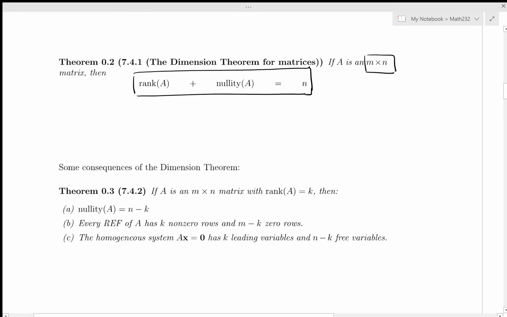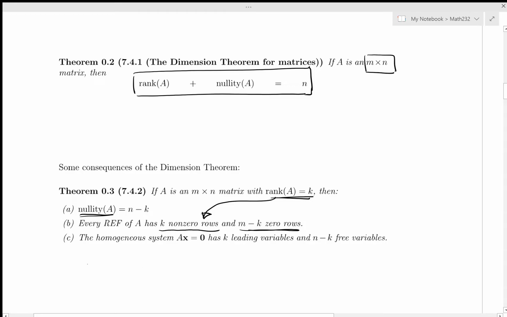So what are some consequences of this? Well, if we have a matrix of rank k, then the nullity is n minus k. Every reduced echelon form of A has k non-zero rows and m minus k zero rows.